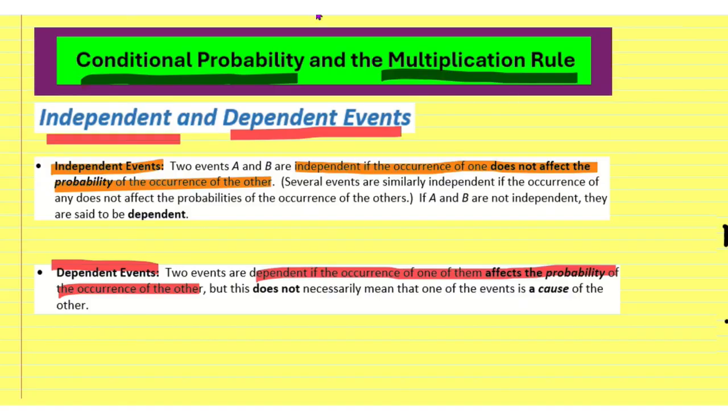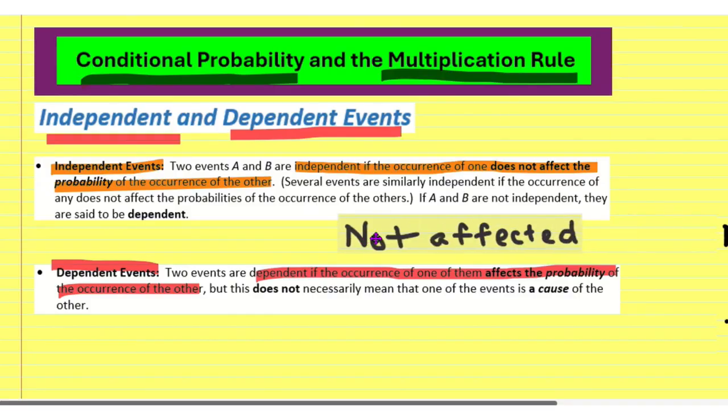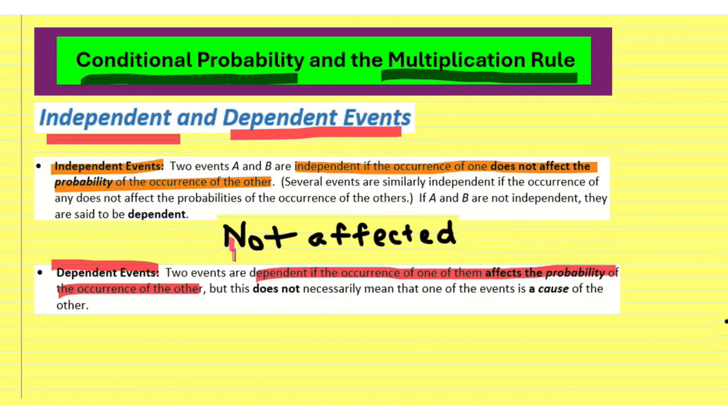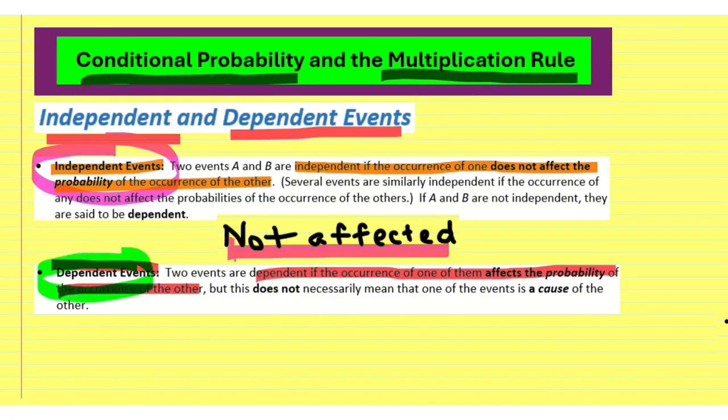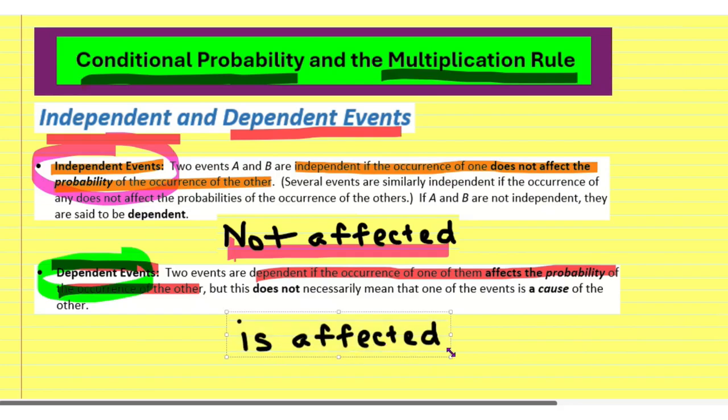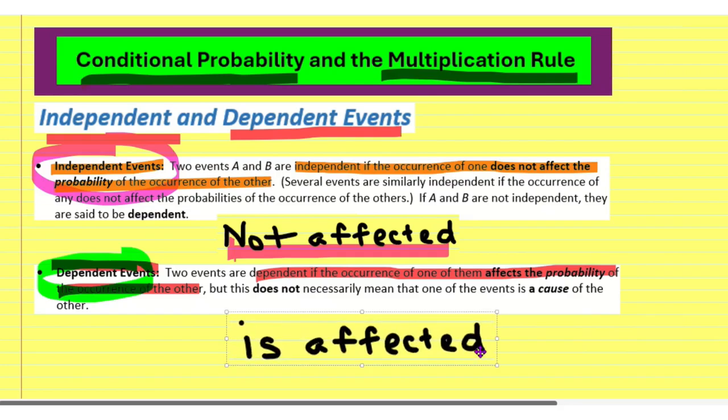The bottom line is that if we have the probability of two events, the probability of the second event will not be affected if they are independent events. And conversely, if they are dependent events, the probability of the second event is affected by the probability of the first event.